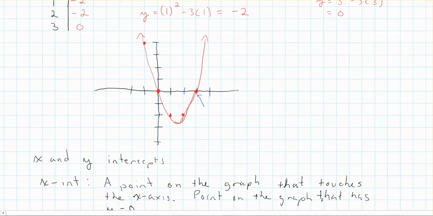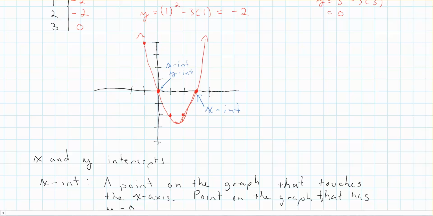point right here, this would be an x-intercept because it's touching the x-axis. Or if you think about what it is, the y value of that point is 0. Now this point right here, of course this is what's called the origin of the axis, it's 0, 0. This is both an x-intercept and a y-intercept.